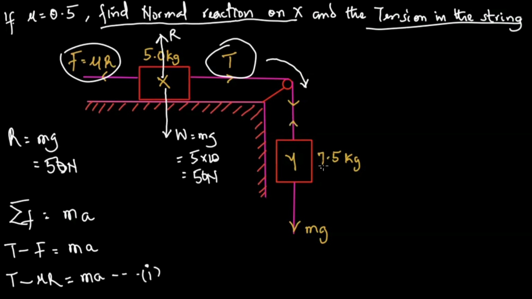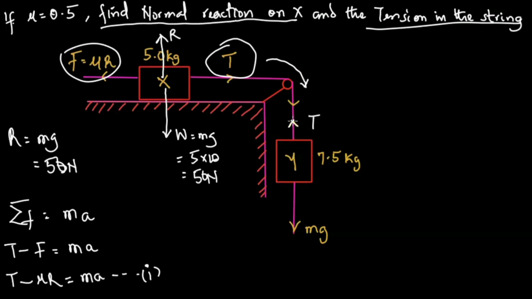Now when we come to this side of the diagram, the string is coming down in this direction, and the weight of block Y will act downwards. But there's going to be an opposition to the weight of block Y to limit its movement, and that is the tension in the string.